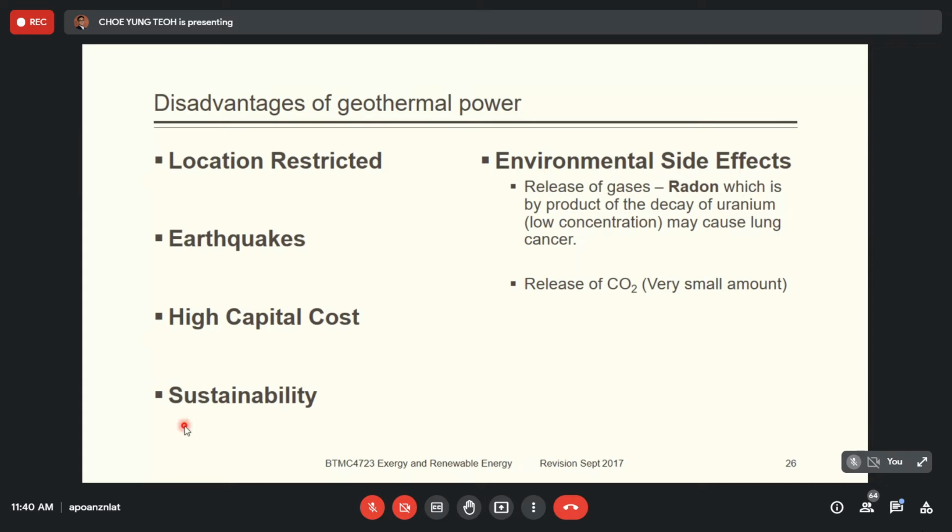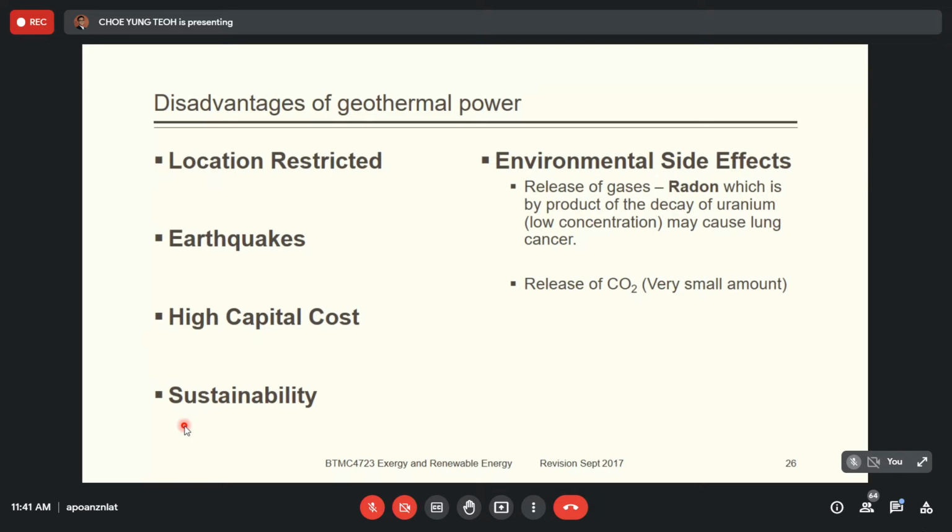And next one, sustainability. Yes, I know that geothermal is renewable and sustainable, but it also depends on how fast you pump out the heat. You need to maintain the sustainability of geothermal energy by pumping the water back into the underground. So sustainable here refers to two types of sustainability.